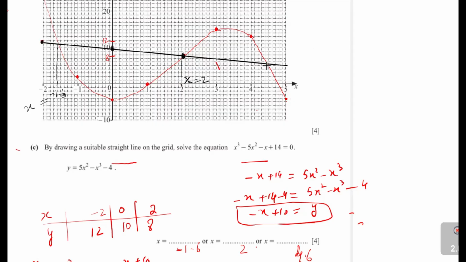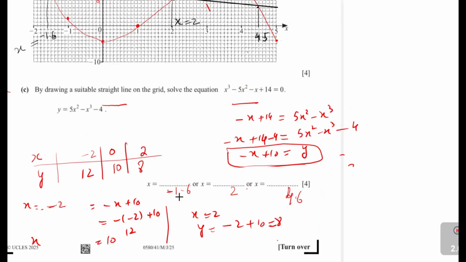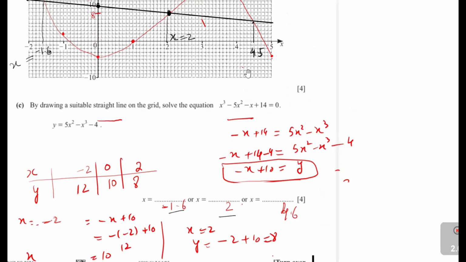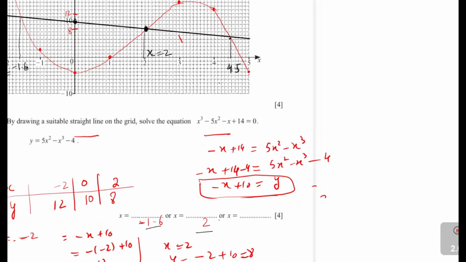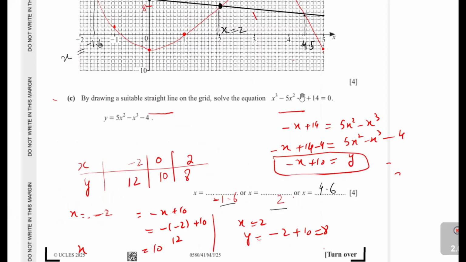And the third point where the graph intersects, this value is 4.5, x equal to 4.5. Therefore, values of x here are minus 1.6, 2, and this value is 4.5 or 4.6. We write here 4.6. And this is the solution of part C.